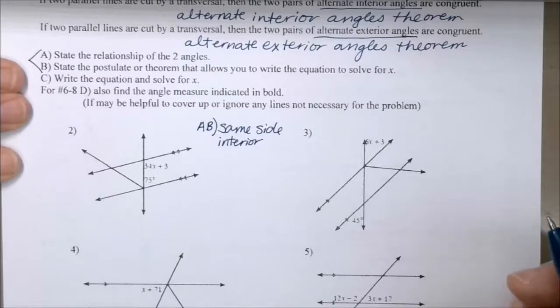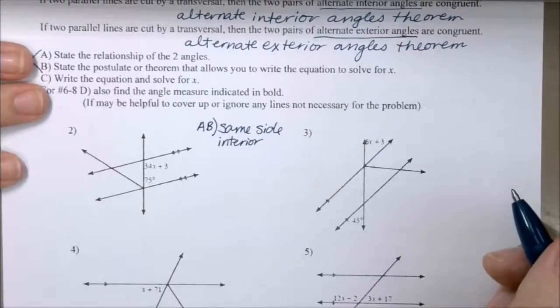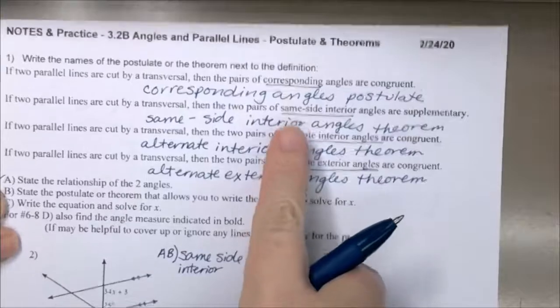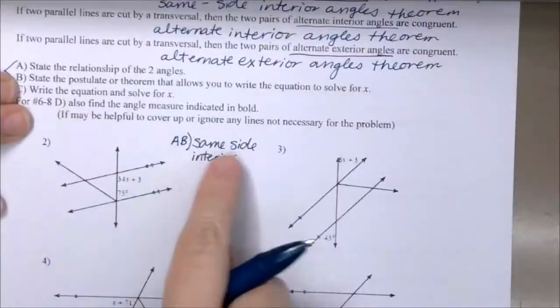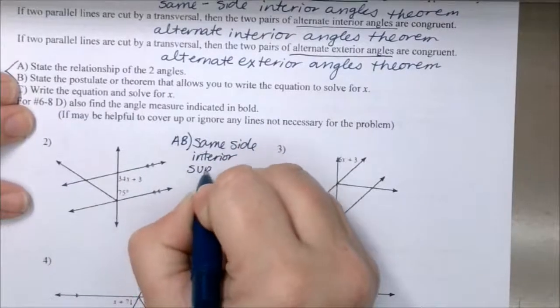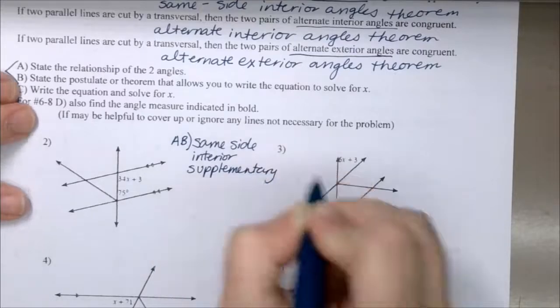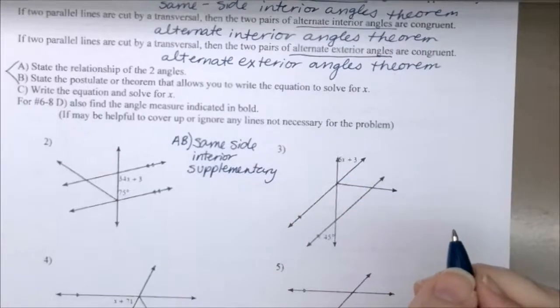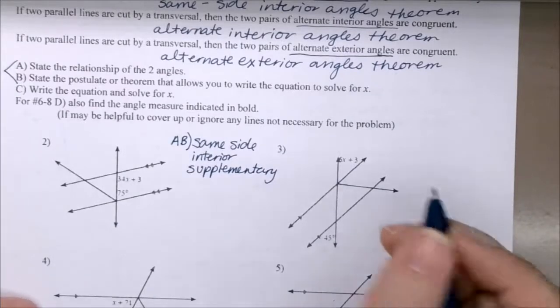If they're supplementary, I'm going to set up 34x plus 3 plus 75 equals 180. So 34x, and then 3 plus 75 is 78.